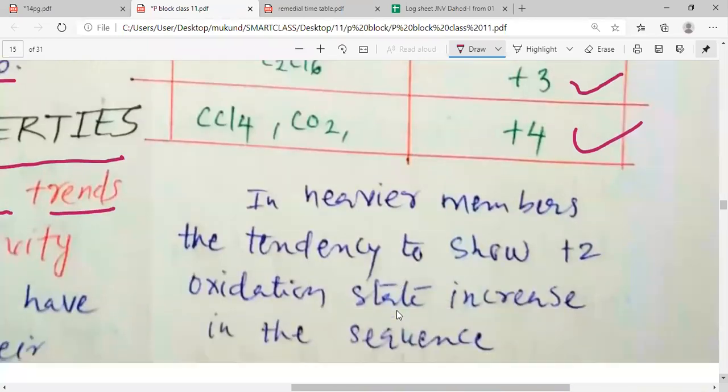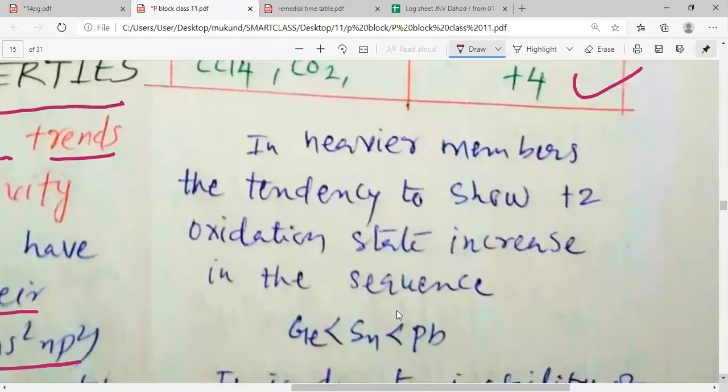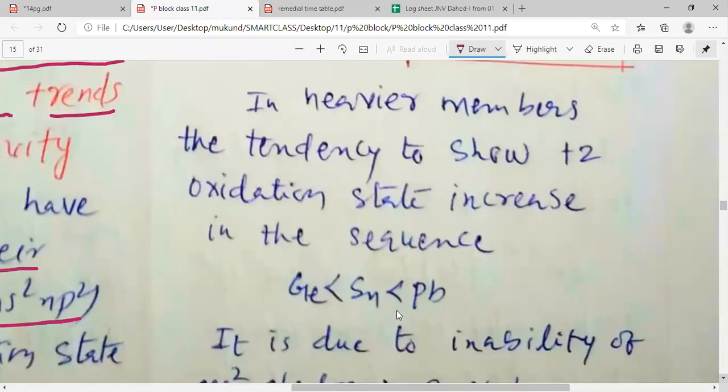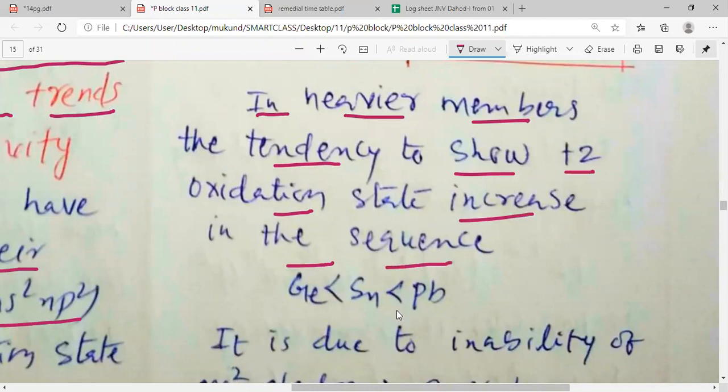We have even studied the oxidation state of nitrogen ranging from -3 to +3. Please remember, in heavier members, the tendency to show +2 oxidation state increases in the sequence.